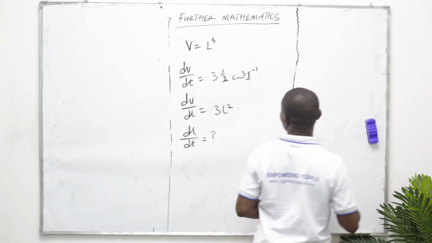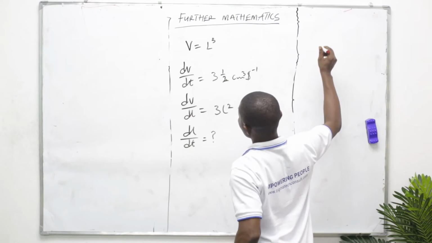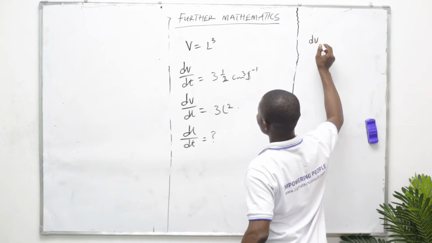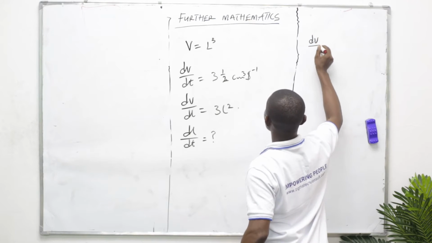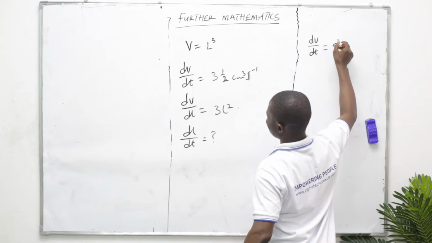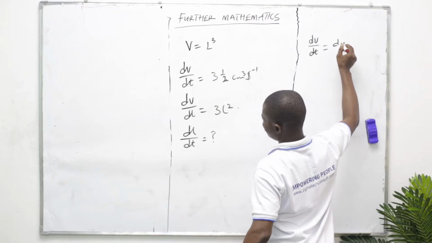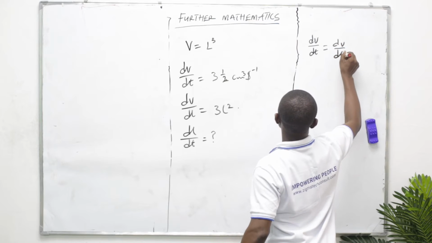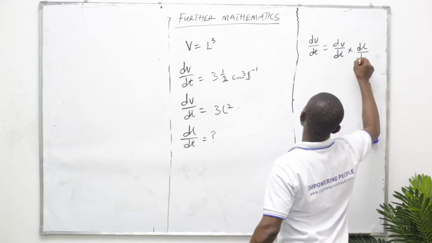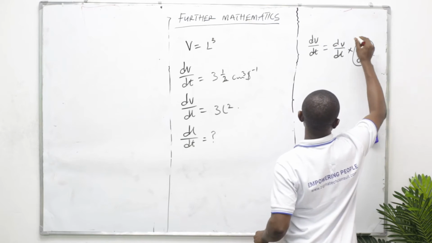So if we say the dV dt equals the dV dl times the dl dt. We are looking for the dl dt.